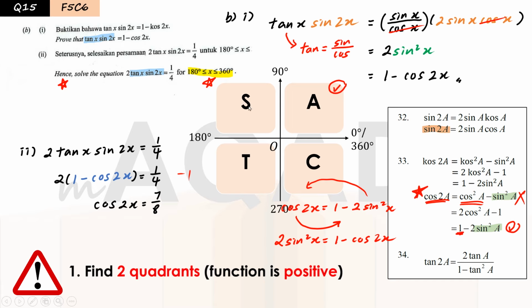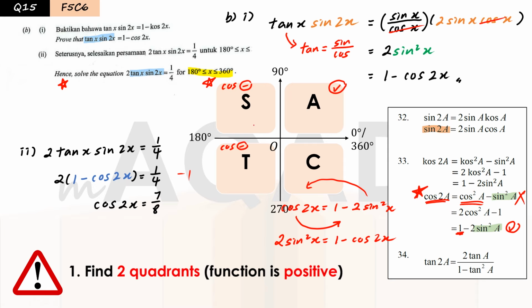For the second quadrant, which is section S, S is sine. Sine is the only trigo function which is positive, which means cos here is negative. So this is not the quadrant that we want. We want quadrants where cos is positive. So we can go to T. T here is tan. Tan is the only function which is positive, which also means cos is negative.